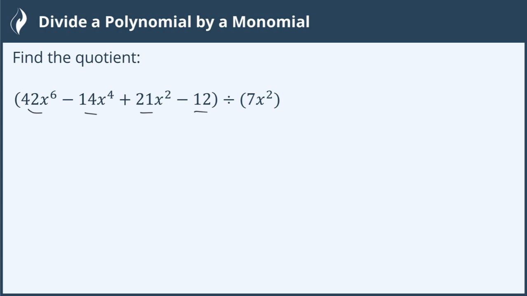Okay, so for me, what I would do, I would take and divide each one of these by that. I would rewrite it, and then underneath it, I would put the 7x squared as I'm dividing all terms by this 7x squared. That's my monomial right here.